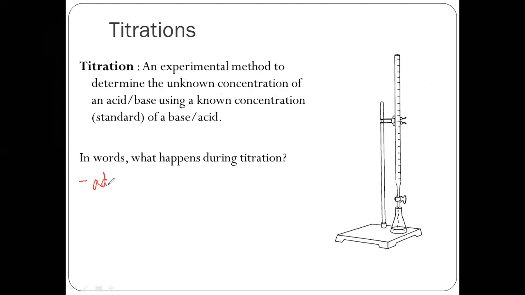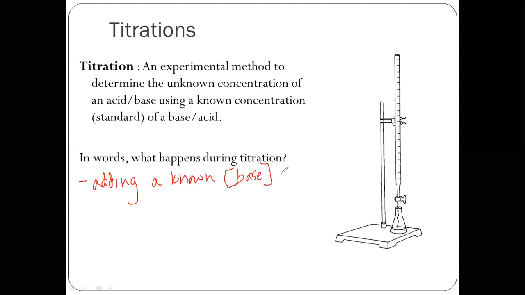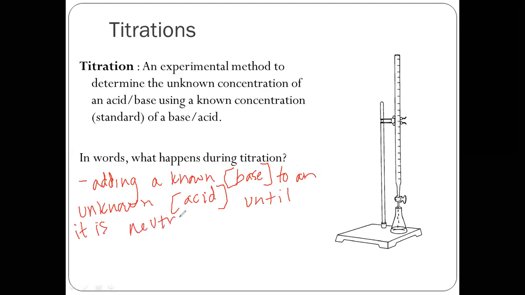You are adding a known concentration of base. I'm just going to say this because this is what we would have been doing in the lab, to an unknown concentration of acid until it is neutralized.